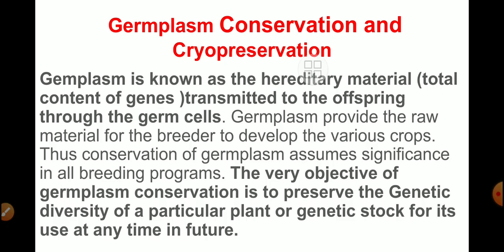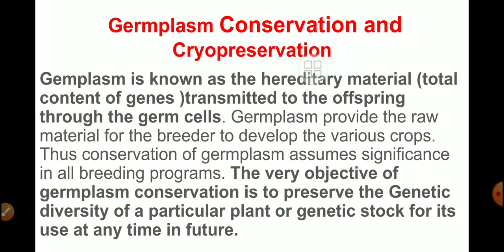In the first lecture of this unit we got an idea about what is germplasm. Once again I am going to repeat, germplasm is a hereditary material transmitted to the offsprings through the germ cells.